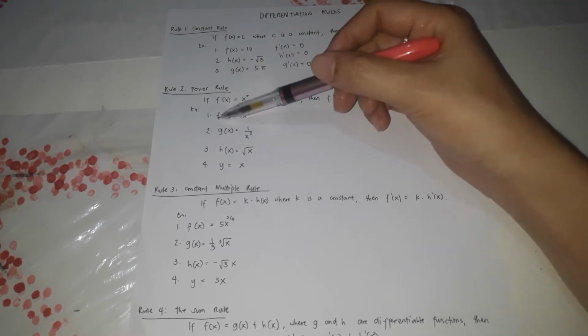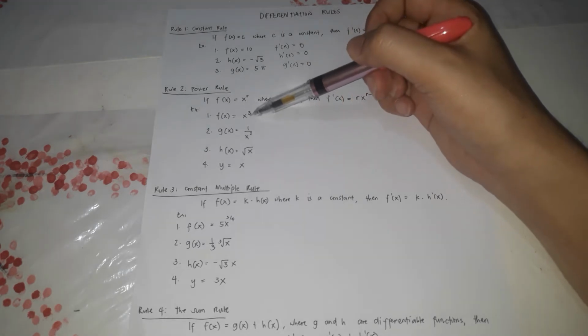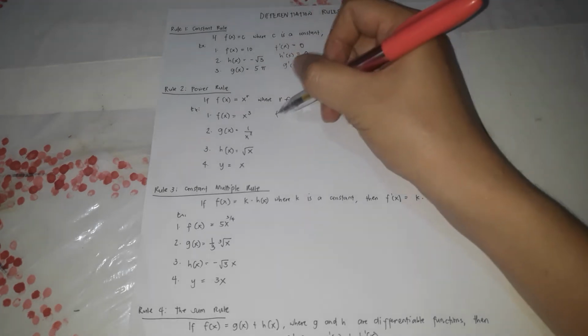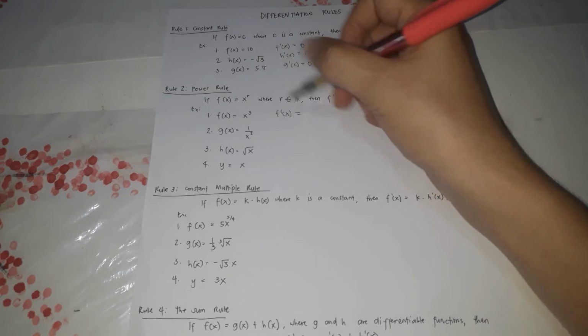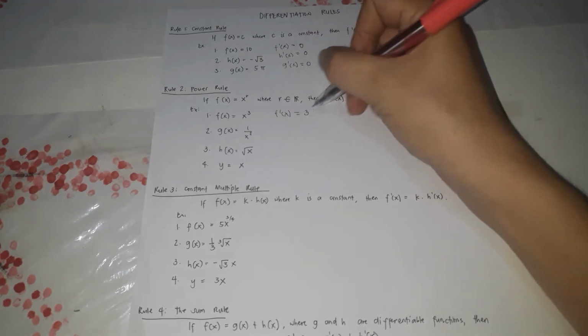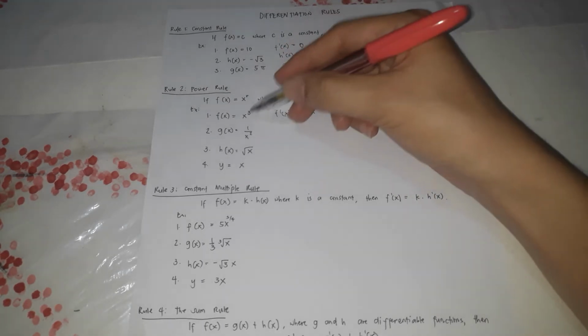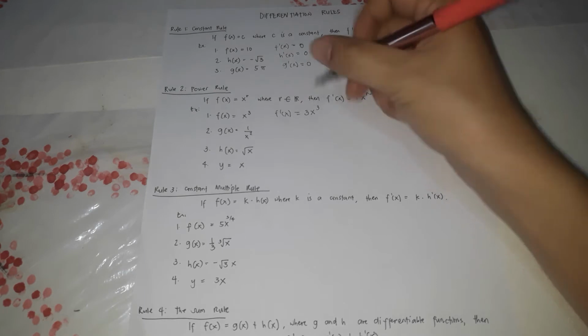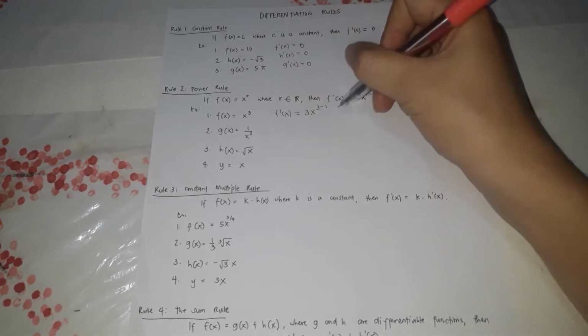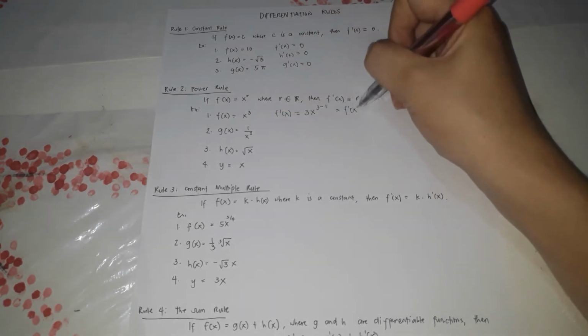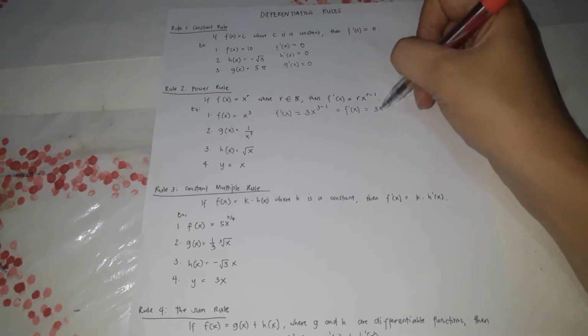So for example, number 1, f of x is equal to x cubed. So the derivative of f of x now is equal to, kopyahin mo na yung exponent, 3x, kopyahin yung variable na x, tapos yung exponent na 3, bawasan ng isa. So it's also equal to 3x squared.